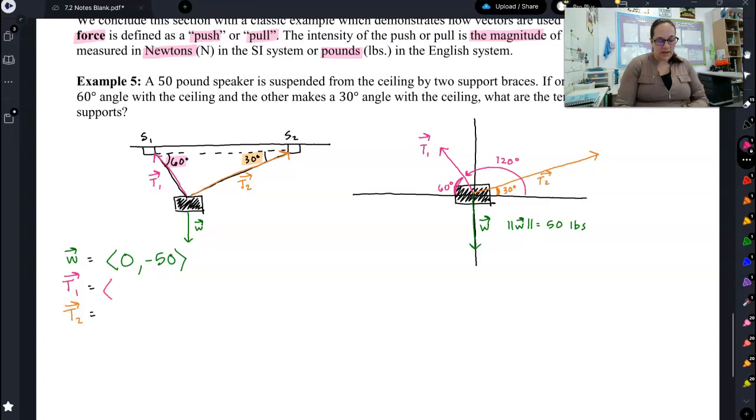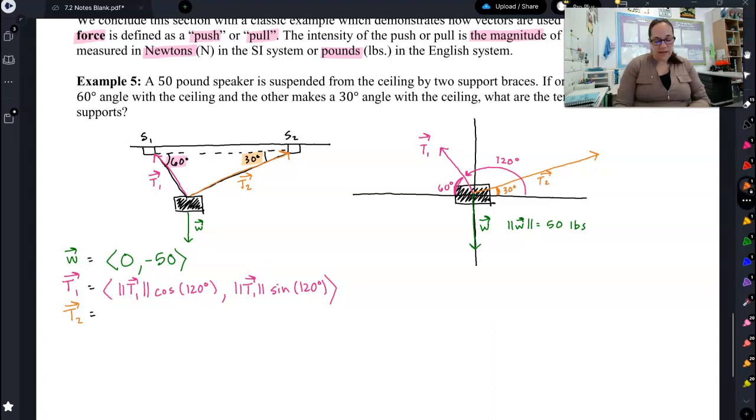So I'm going to take the magnitude of T1, which I don't know, cosine of 120, and that's going to be my x component. Now I can take the magnitude of T1, sine of 120, and that's going to give me my y component.